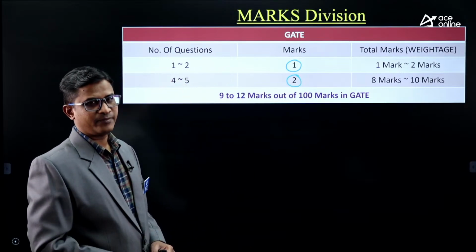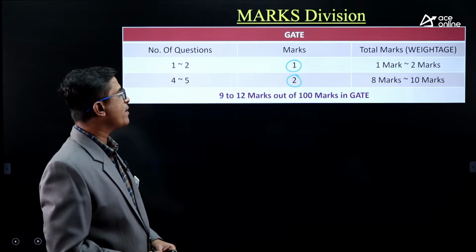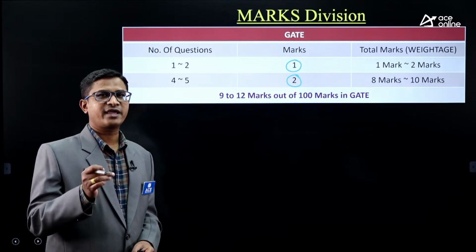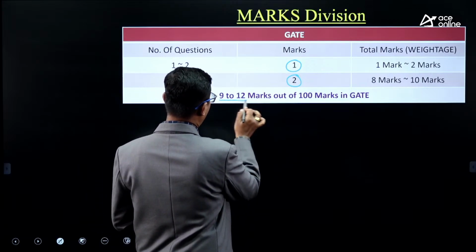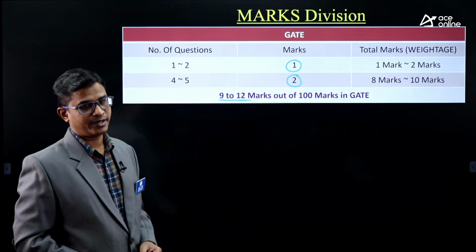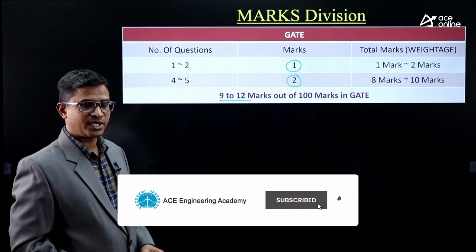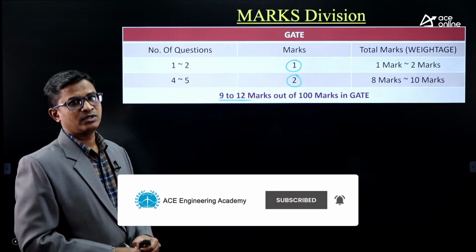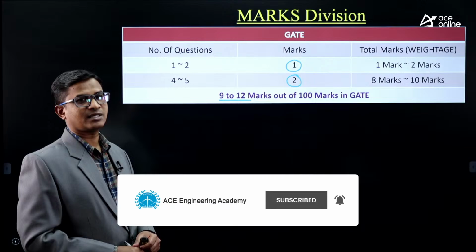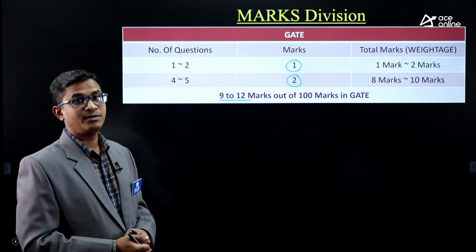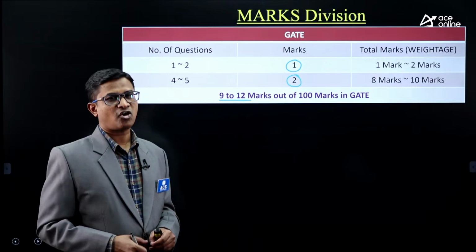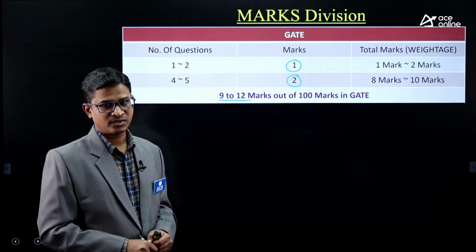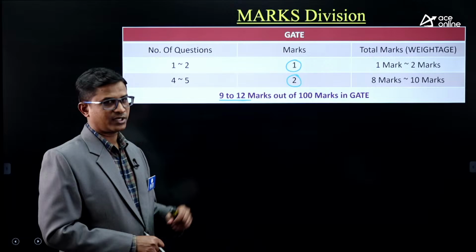So roughly, on an average, the weightage of the power electronics course for the GATE examination is around 9 to 12 marks out of the 100. Alright. If you check the GATE examination, we have technical marks limitation, and in that power electronics has a share of 9 to 12 marks. Alright. So very, very important.